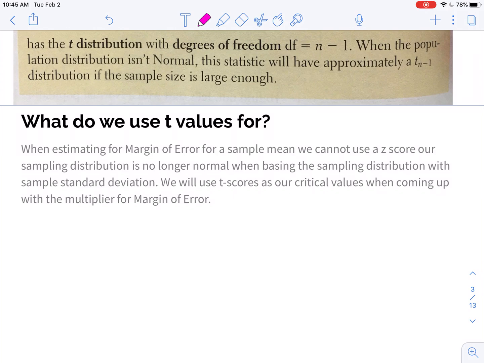We're going to assess normality here, and we're going to assume our sampling distribution is normal. We're going to learn those statements in a bit, but essentially we've got a new chart now, and we're going to use t-values as our critical values as opposed to z-scores. We'll use a t-chart to figure out the critical value that we multiply by the standard error to get our margin of error.